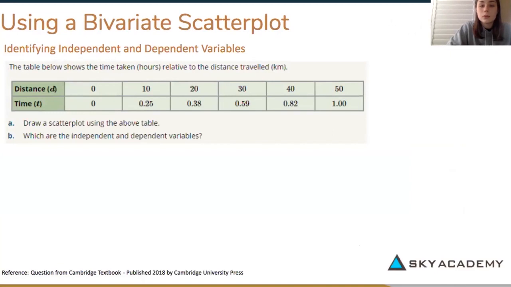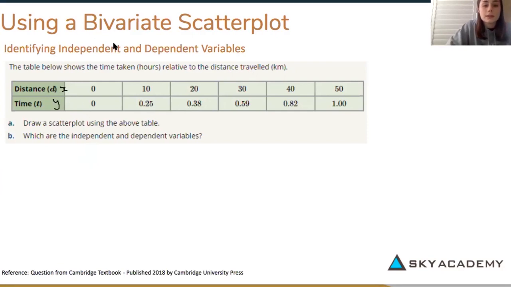Now let's have a look at this second example. The table below shows the time taken, in hours, relative to the distance traveled. So there's our 2 variables, the time taken and the distance traveled. I'm going to go ahead and write x and y so I remember. Draw a scatter plot using the above table.